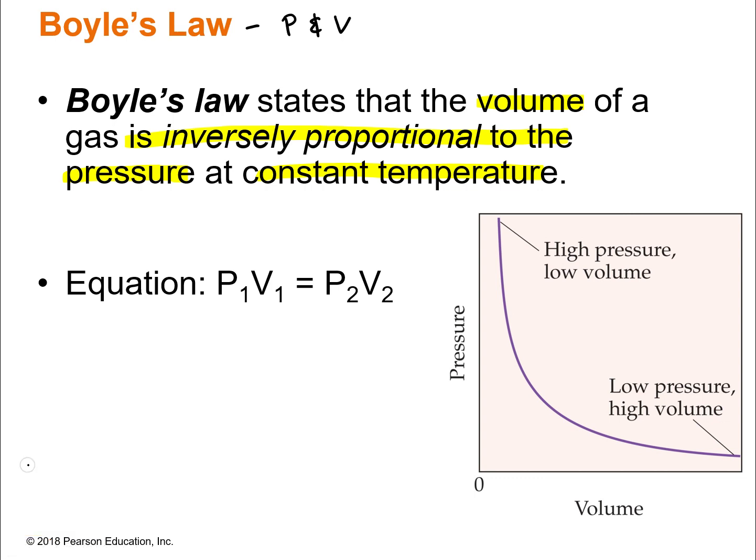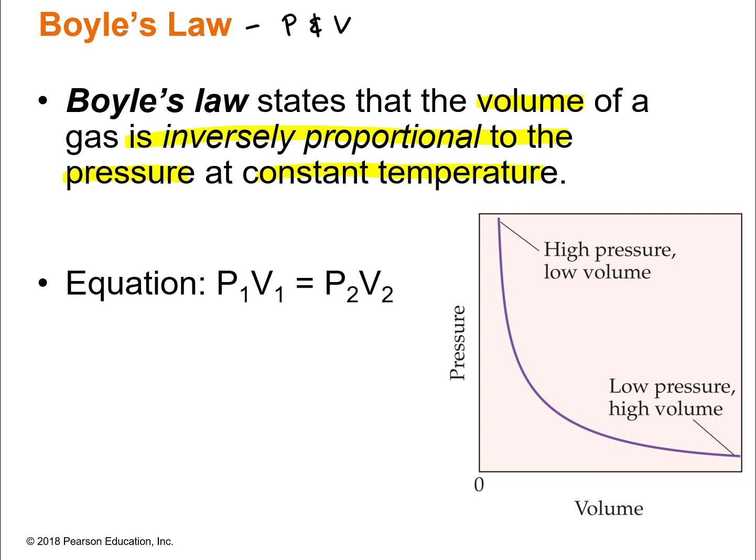So the last part is key. If we keep everything else constant, the temperature and the amount of gas, then the volume and the pressure are inversely proportional. So high pressure, low volume. Low pressure, high volume.